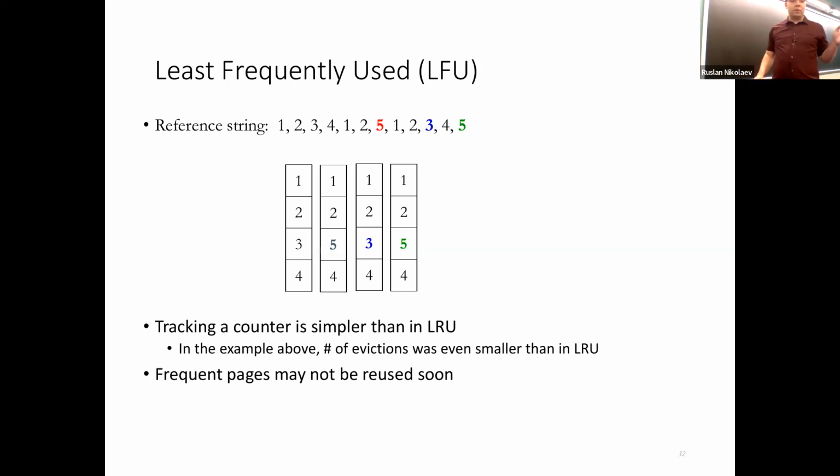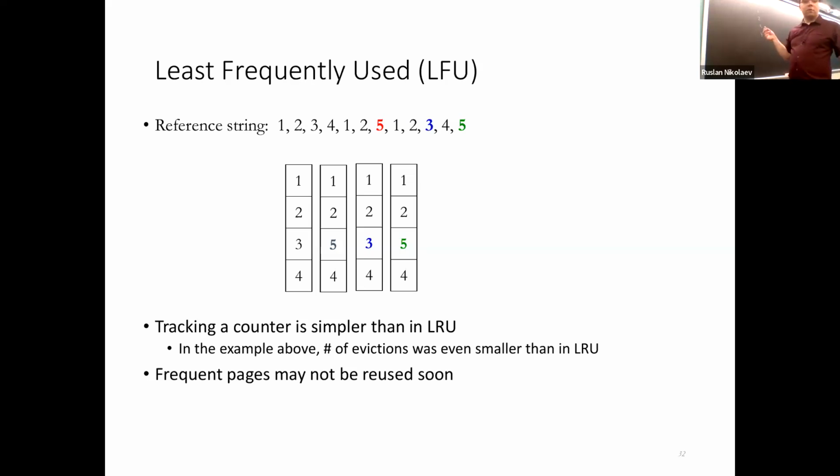Obviously, the first 4 accesses are going to generate page faults: 1, 2, 3, 4. So then, what do we have? We have 1.